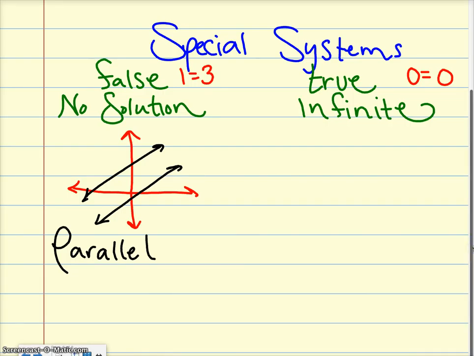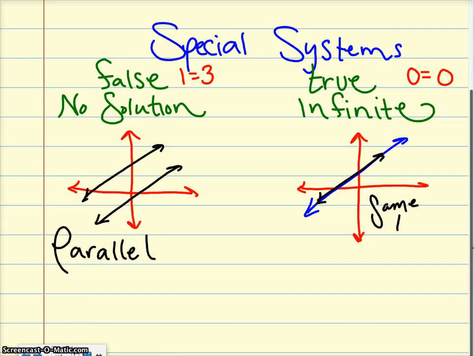If you get a true statement, a true means all real numbers or infinite. If I said infinite, it means they're always intersecting. Well, if they're always intersecting, it just means that they are the same line. Okay?